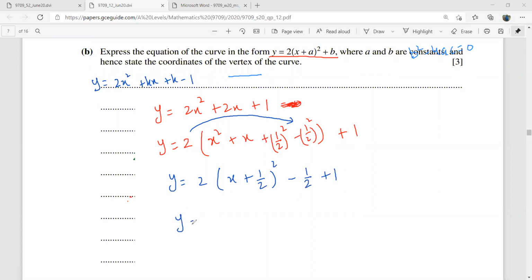Finally y is equal to 2 into (x plus half) whole square, and then you have plus half left here. It says hence state the coordinates of vertex of the curve. This curve would look like this. So this point would be minus half comma half, if I haven't made any careless mistake.